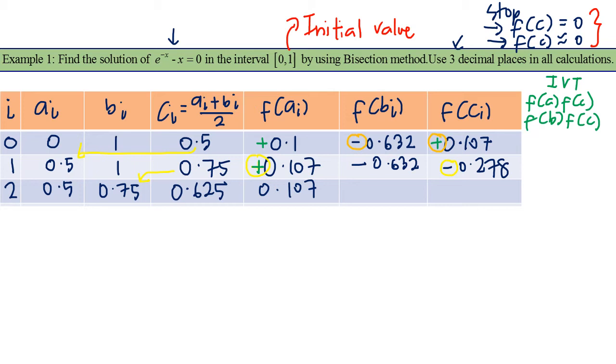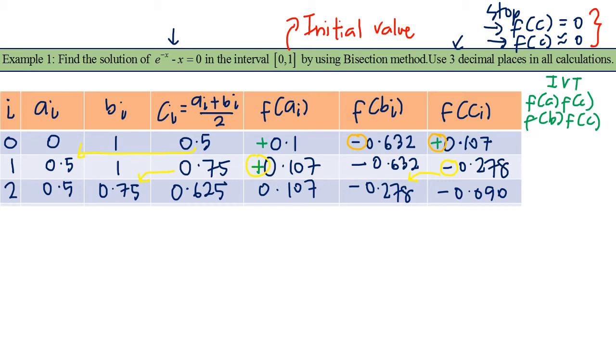So B takes the value of C. I take it from here, I just take the value of C here and replace the value of FB, so negative 0.27. Then find FC, which is 0.625, substitute into Fx, and you get negative 0.090. Then it is still not equal to 0, so you have to continue.